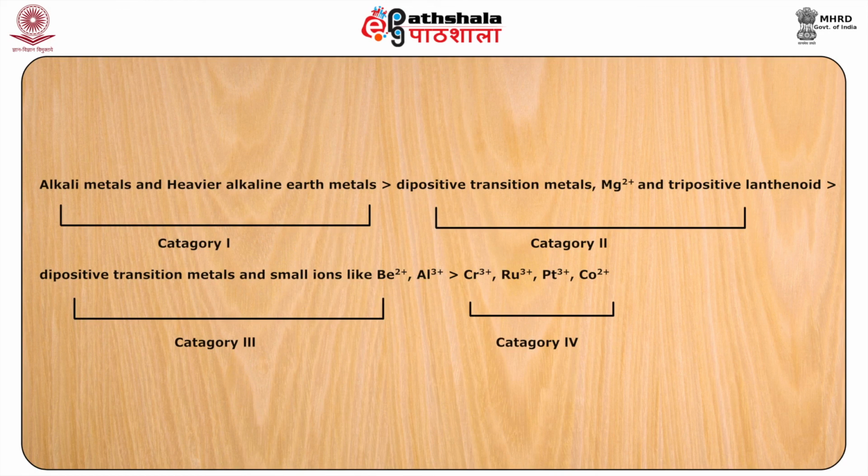For exchange of water, the following trend was observed. Alkali and heavier alkaline earth metals form category 1, which has a higher rate than di-positive transition metal ions, magnesium ion and tri-positive lanthanides, which form category 2.